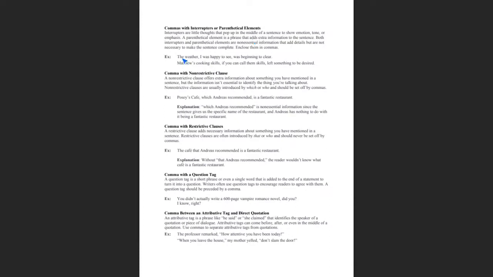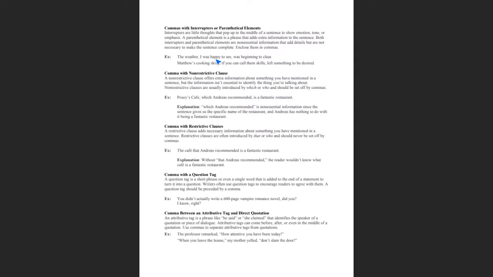So for example, if you see here, the weather, I was happy to see, was beginning to clear. I was happy to see is a parenthetical element or additional information. It doesn't necessarily have to be there because this sentence could easily read the weather was beginning to clear. So if you're putting those into a sentence, you'll want to separate those out by commas.